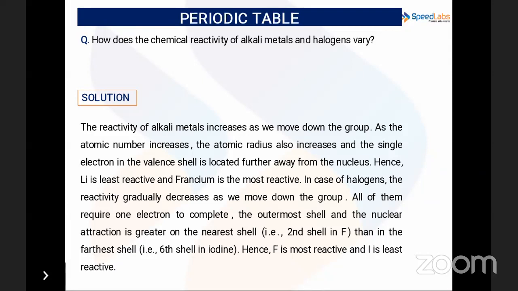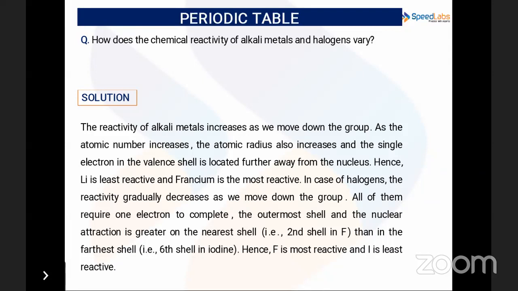Okay. Similarly, in the case of halogens, halogens are placed in Group 17, and the subgroup they are placed in is A. These halogens are all non-metals: fluorine, chlorine, bromine, iodine, and astatine. In the case of halogens, the reactivity gradually decreases as we move down the group.